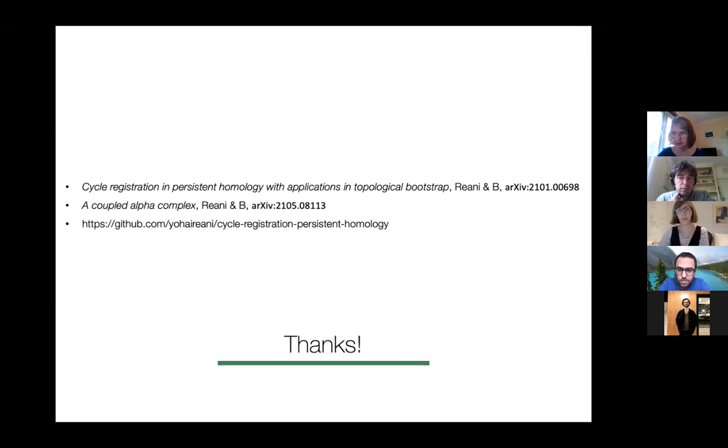But it's a very good question. I don't know if he's here, he might be able to tell you more. I don't have a clear intuition of how it will scale with the size of the subsamples, but it's really worth investigating as a next step to make this more useful.